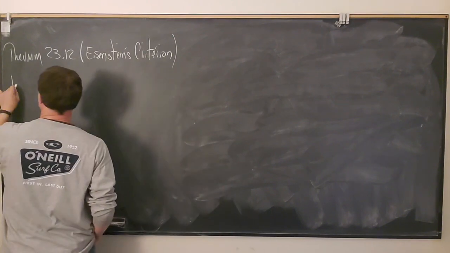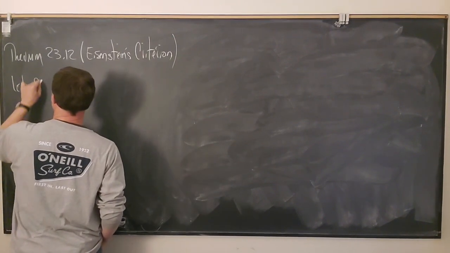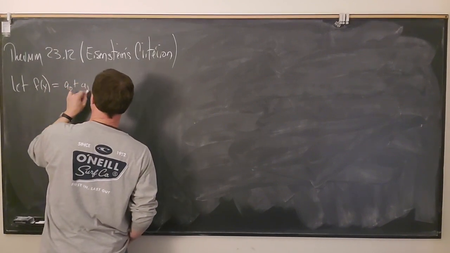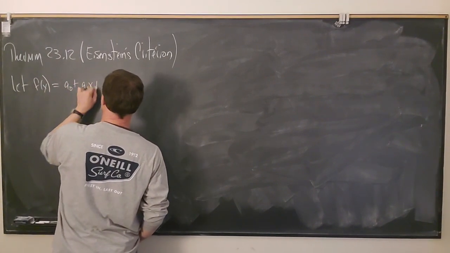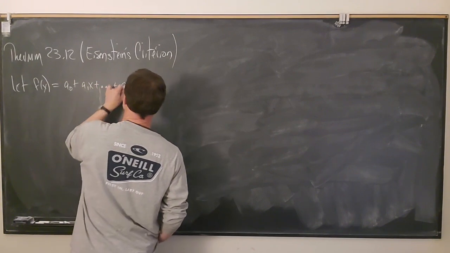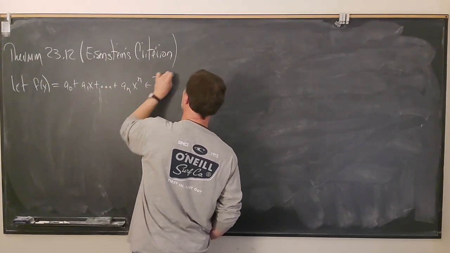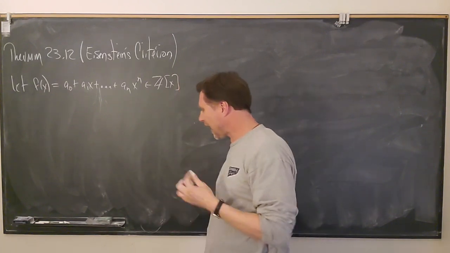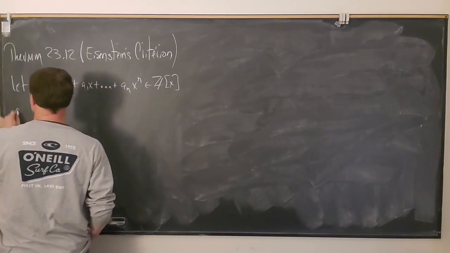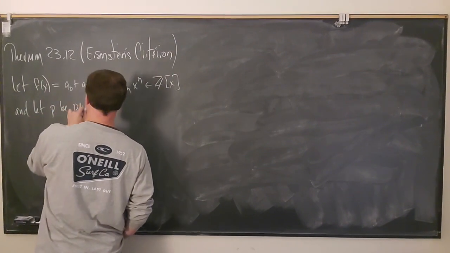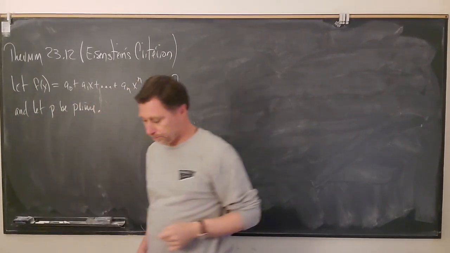So let's take a polynomial. Let f of x equal a0 plus a1 x plus dot dot dot plus an x to the n be a polynomial with integer coefficients, and we need a prime number, so let p be prime.